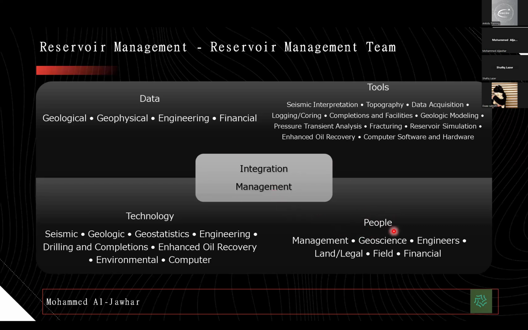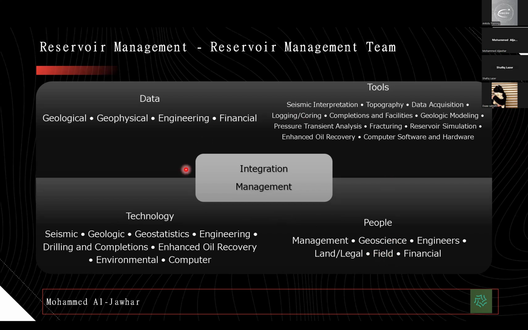So how can you hire people who can handle and operate all these things in one hand and in an effective way? The management, I mean, in geoscience, engineers, the financial team, and the field team who can manage all the wells and facilities in the field.